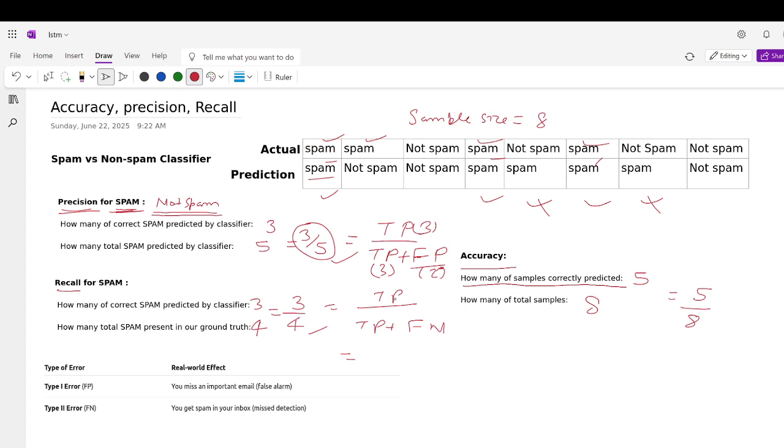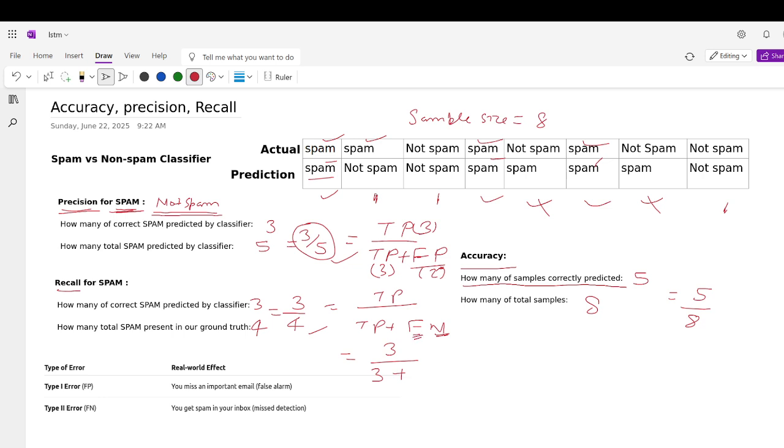Here true positive is again 3. True positive plus false negative. Let's look for the negative. So negative is the not spam, right? So how many of them are not spam? This is not spam. This is also not spam, right? But this is not spam, but how many of them are false?